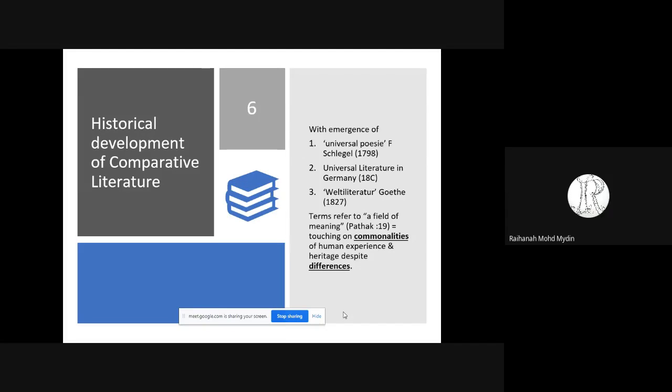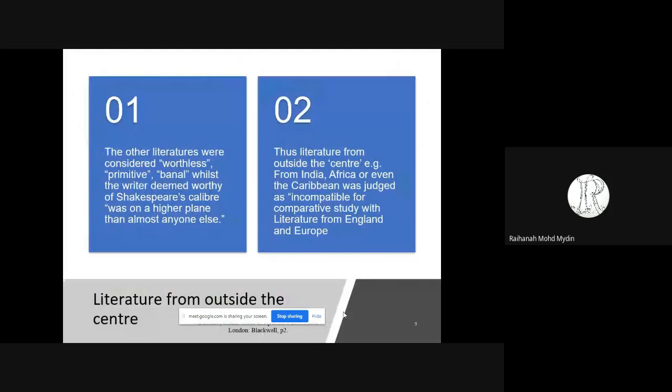Okay, so that's something as scholars or students of comparative literature, you need to always challenge every article that you read about comparative literature. You need to challenge the writer's operational definition. When you use words like world literature and universal literature, do you include writings from outside of Europe and England and America, right?